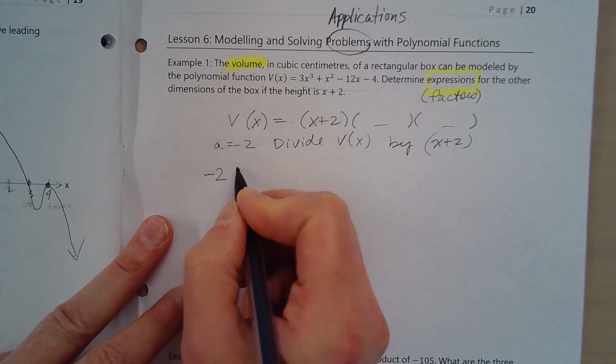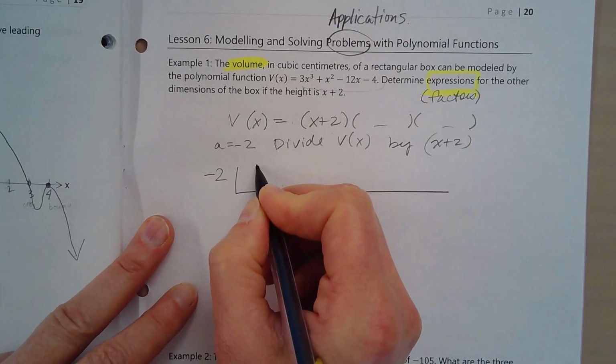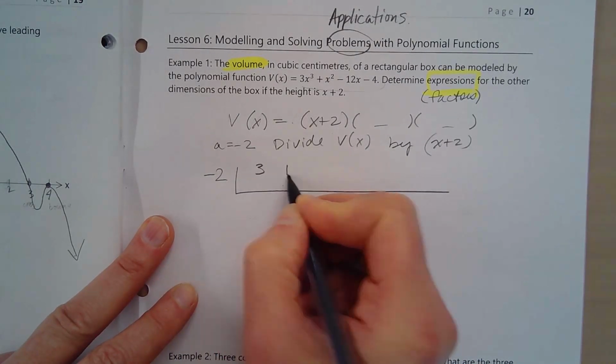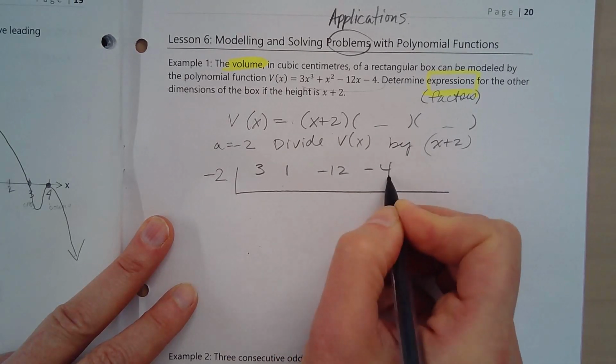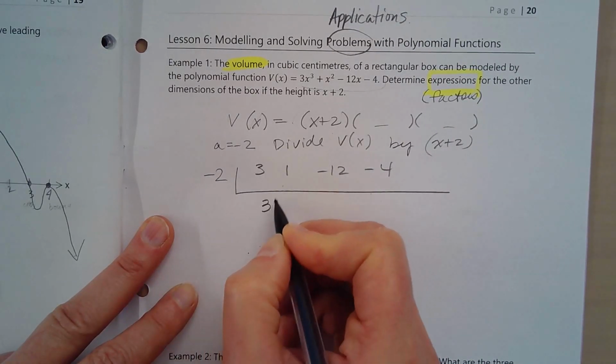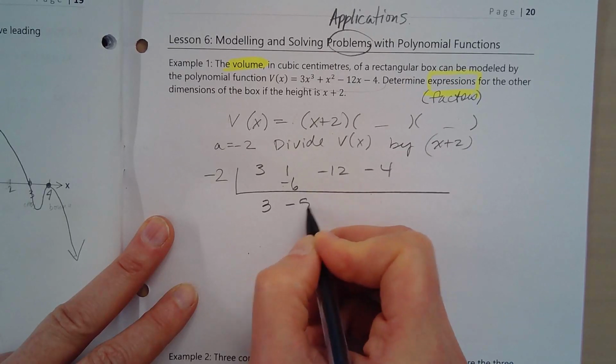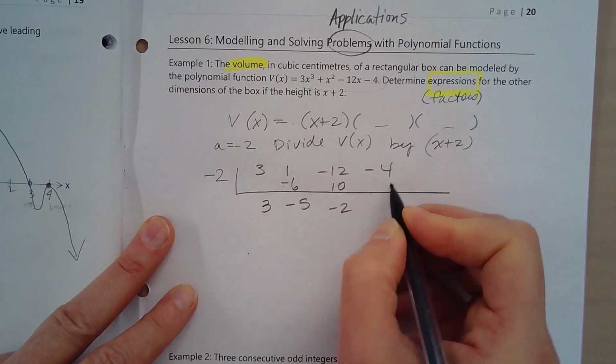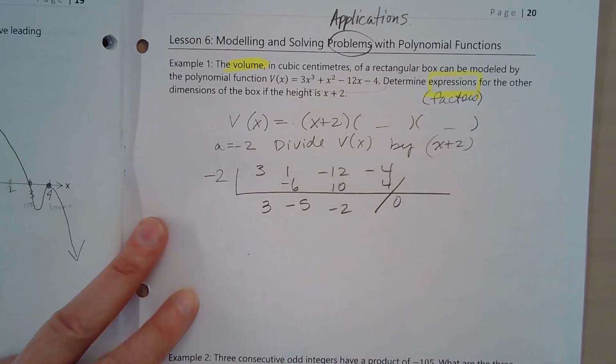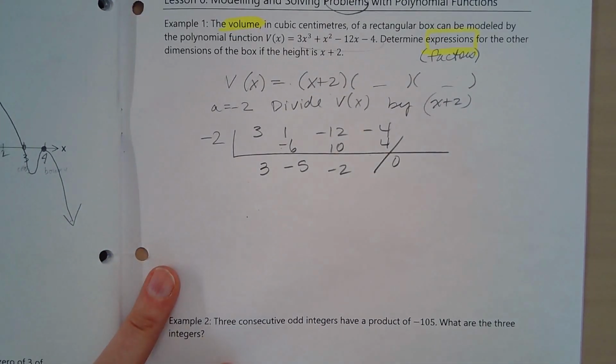So I have negative 2 into this: 3, 1, negative 12, negative 4. Drop my 3 down. Okay, so here I go.